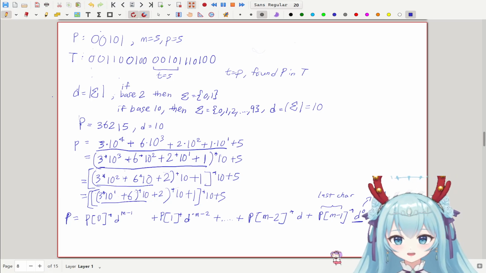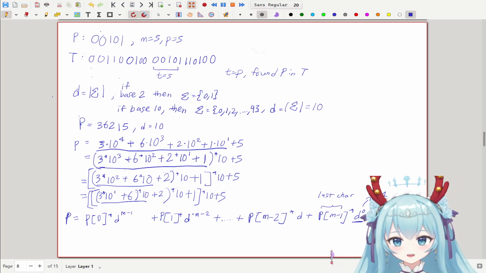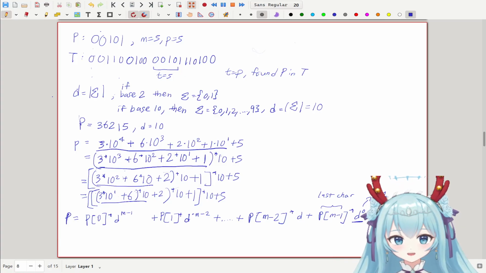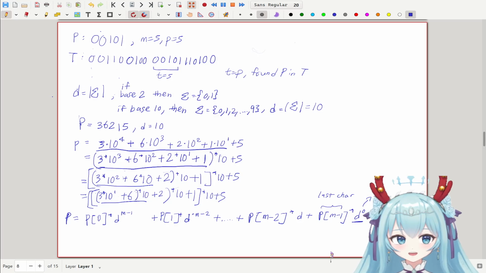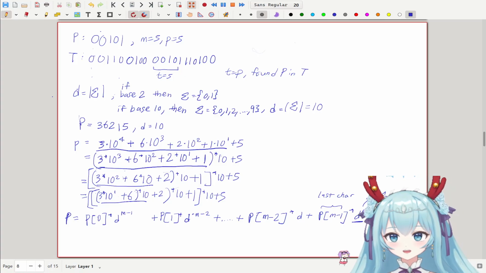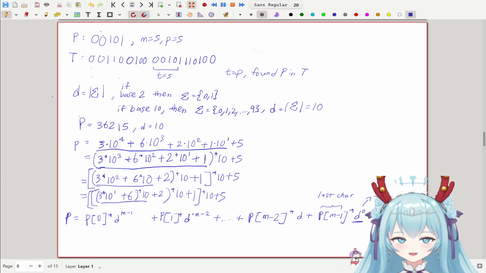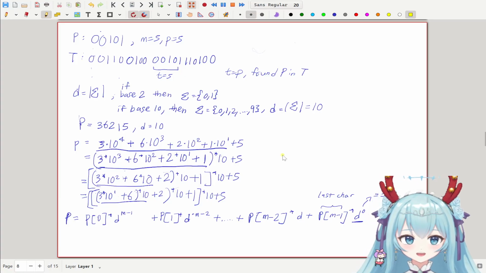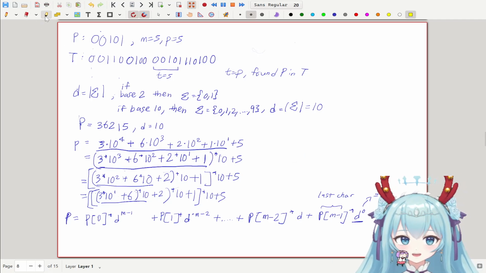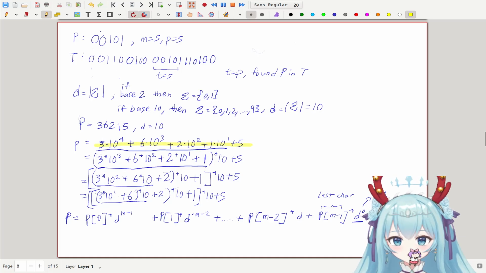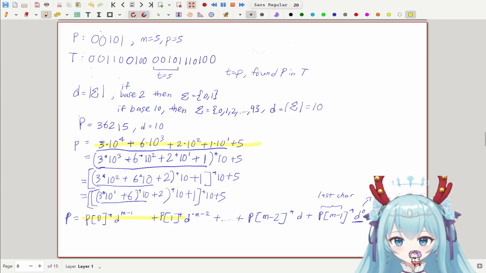Okay, so this form that you see over here. Let me just highlight this part over here. You see this part corresponds to this part over here.